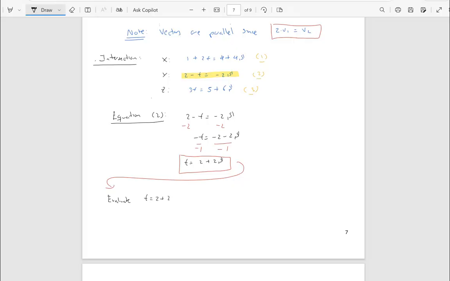This is 2 plus 2s into 1. And 1 says 1 plus 2t is equal to 4 plus 4s, or 1 plus 2 times (2 plus 2s) is equal to 4 plus 4s.